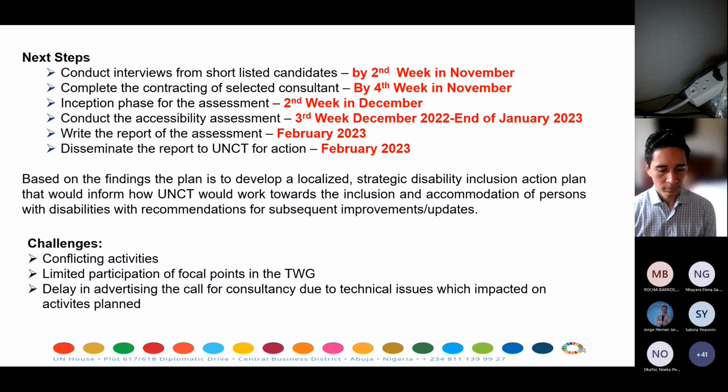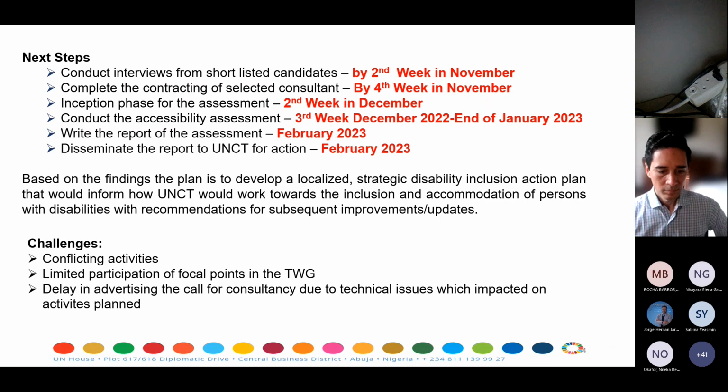So once we are able to do that, on or before the second week of December, we should have all our inception phases and all the groups set up to conduct the assessment. And we'll start the assessment in the third week of December.